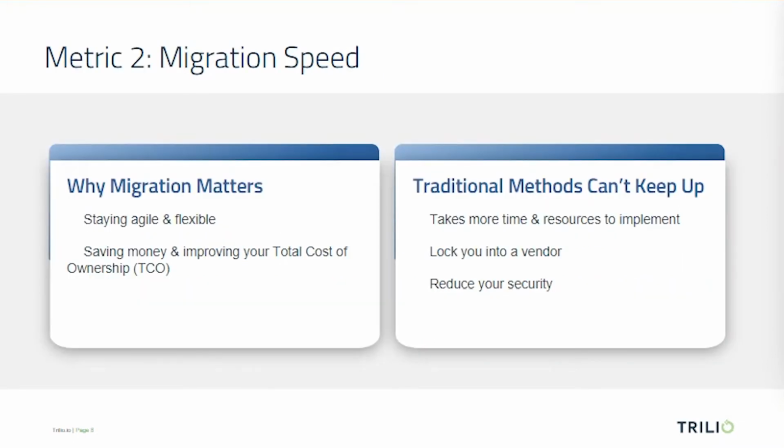Metric number 2 that we have is migration speed. It's very, very important to have good migration speed. As I mentioned before, if you are moving across different clouds or across different distributions, especially in the Kubernetes world today, with microservices, it's very important to stay agile and flexible if you want to end up changing a cloud provider or a Kubernetes distribution, for example.